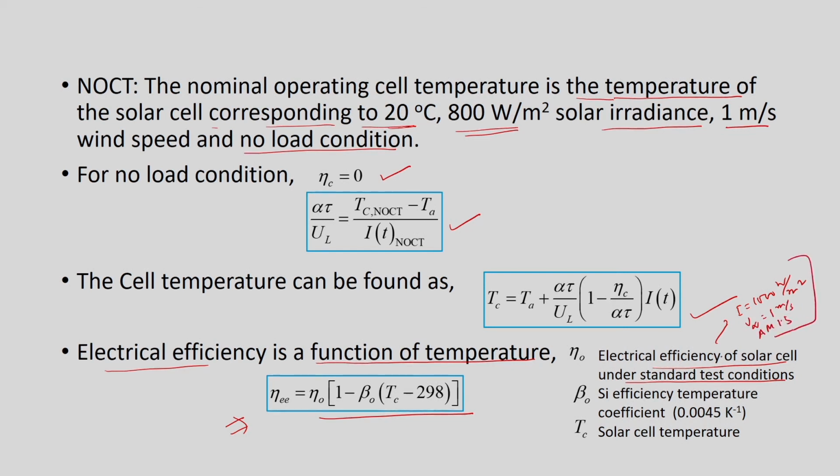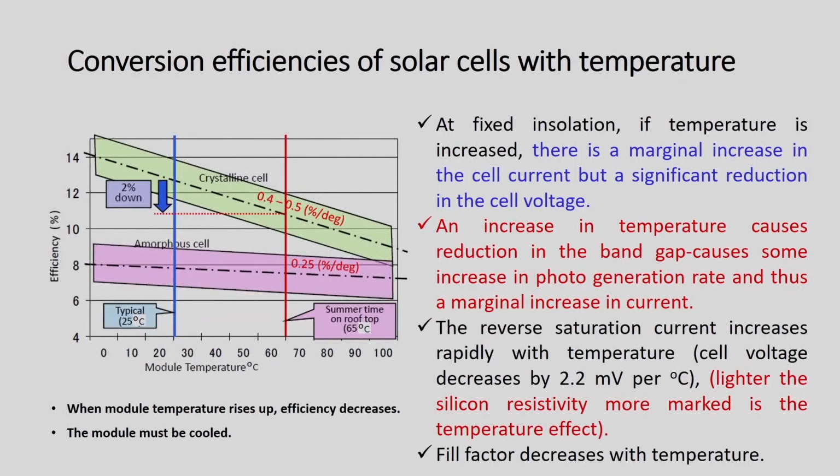These are the minimum requirements for the standard test condition, and beta naught for a silicon solar cell is about 0.0045 Kelvin inverse, which is known as the efficiency temperature coefficient. And already we have defined Tc, which is nothing but solar cell temperature. So by using this we can calculate the electrical efficiency of a solar cell.